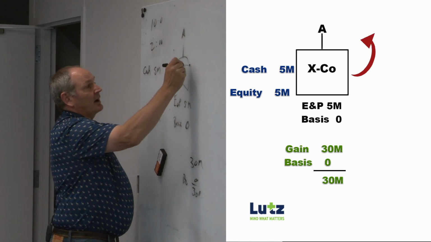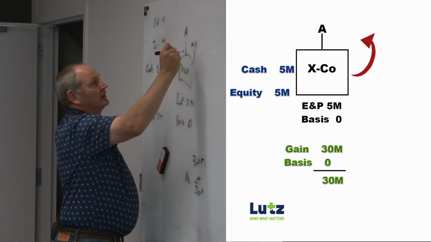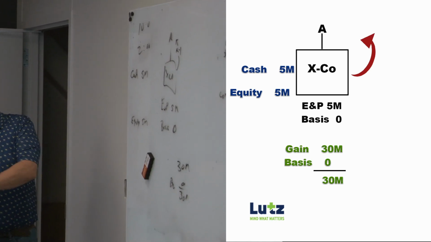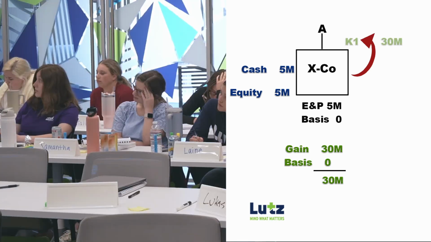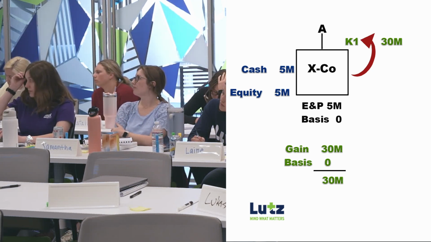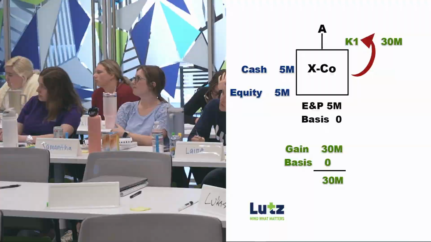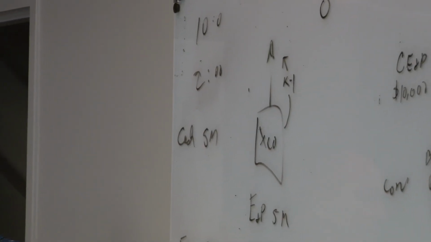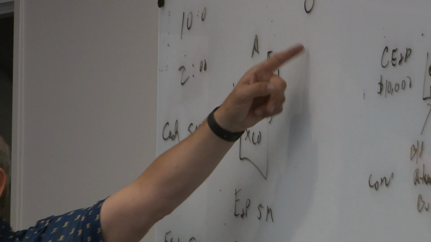The K1 for how much goes out to A. Kaylee, how much K1? How much did my K1 say? 30. 30 million. So my basis on the outside, because every year I earn $1 million, I distribute $1 million. So my basis is still zero.